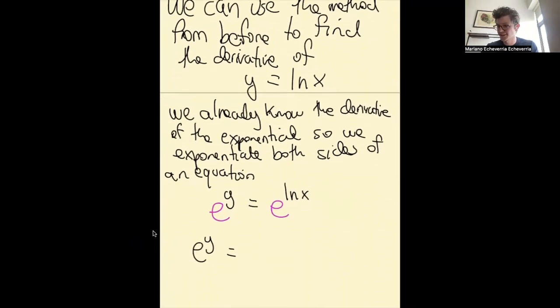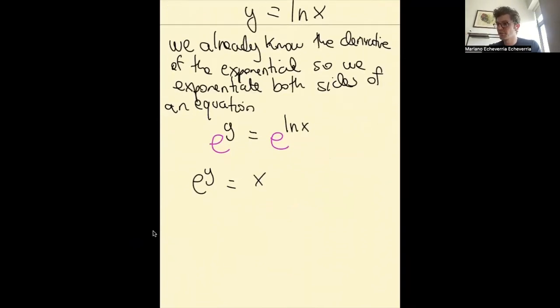So you just get back x. And then what we can do is take the derivative of both sides with respect to x of this equation. That's very similar to what we were just doing before in the previous examples of today.